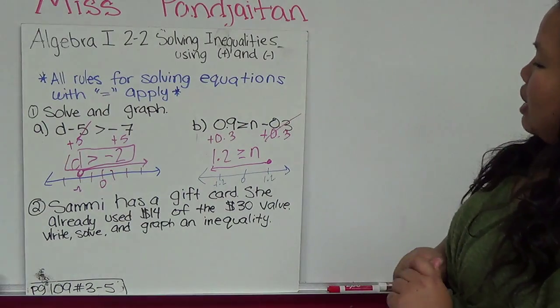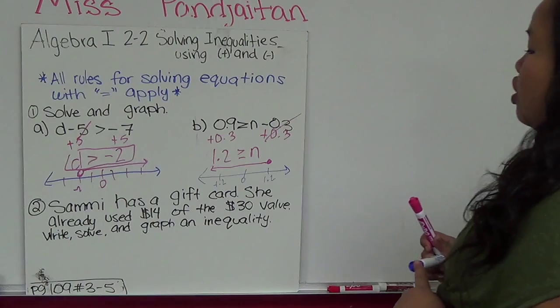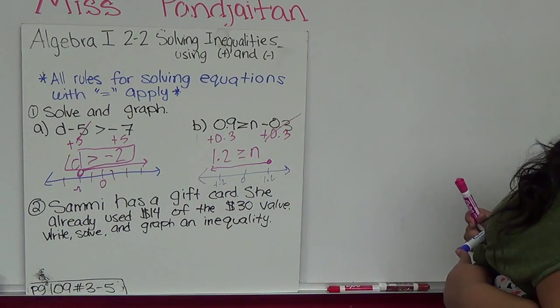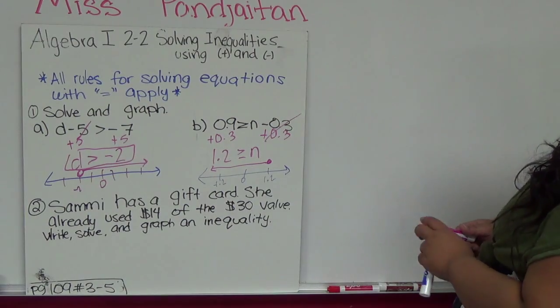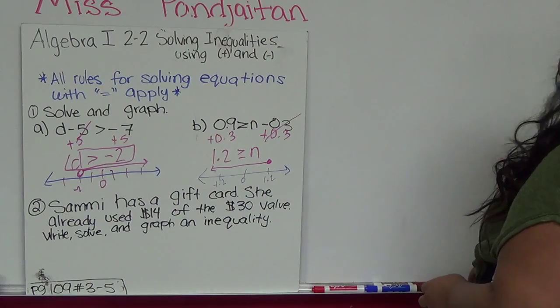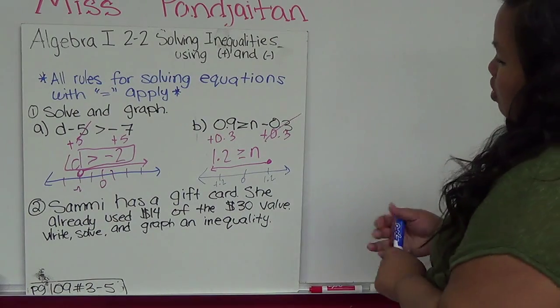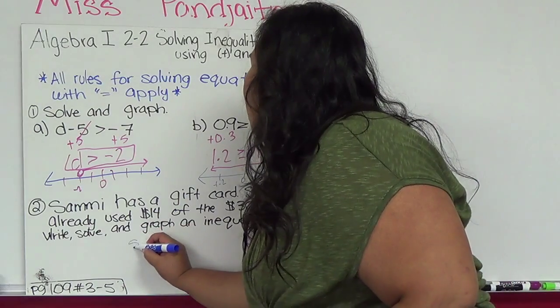Number 2 says Sammy has a gift card. She's already used $14 of the $30 value. Write, solve, and graph the inequality. So we need to know how much she can spend left after she's used $14. We know her maximum is 30.